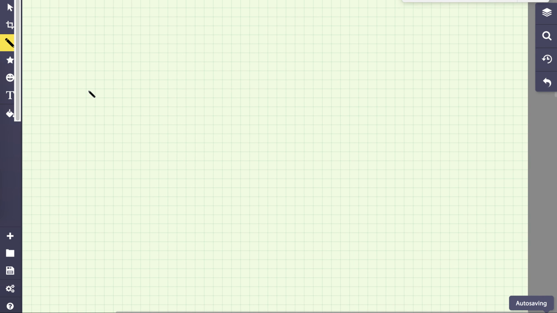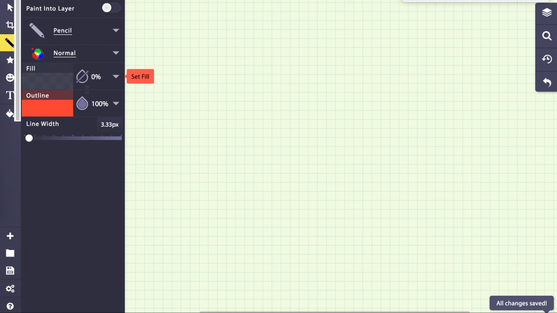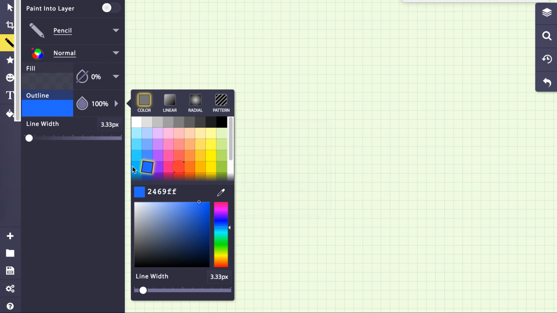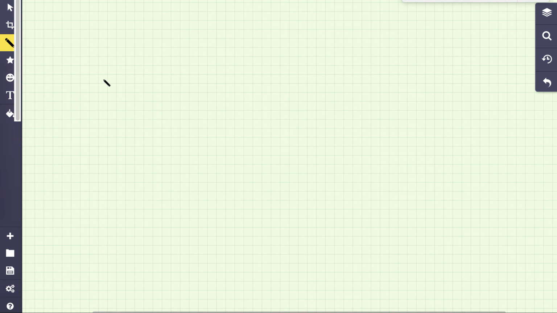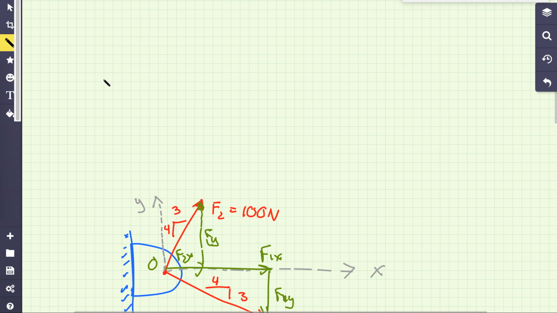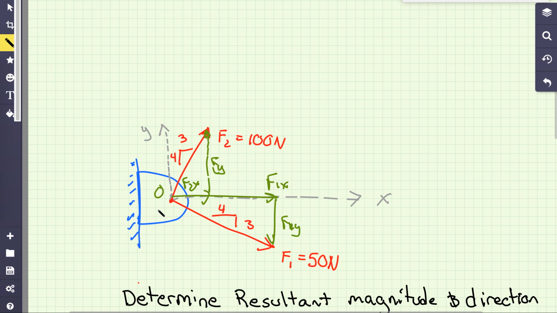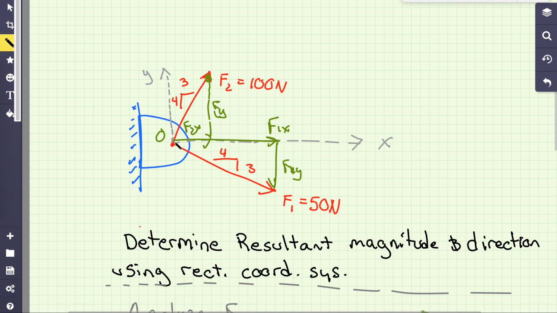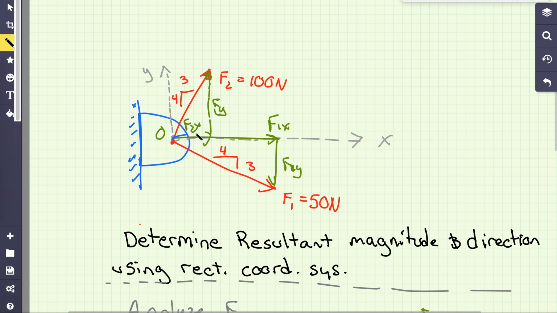We'll make this into a blue color. It looks like right out here.